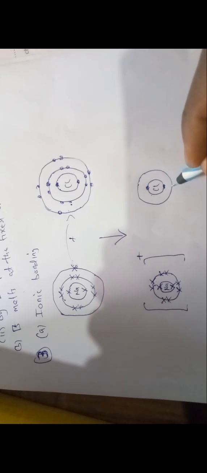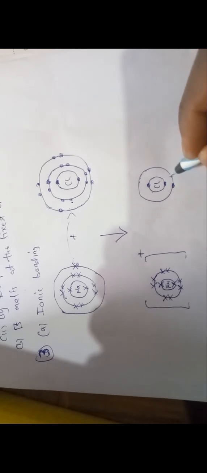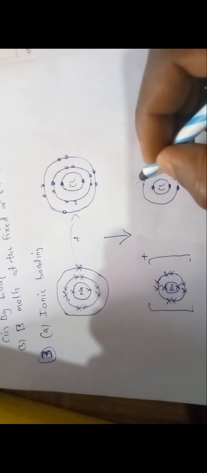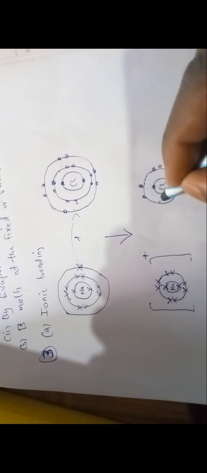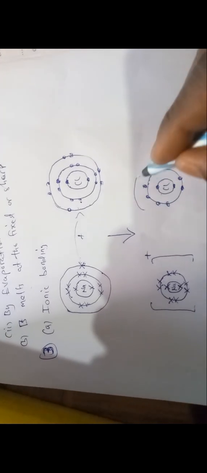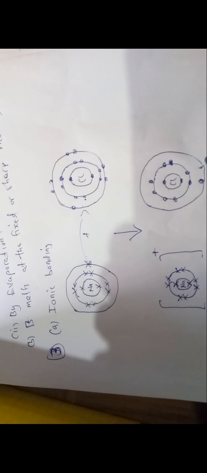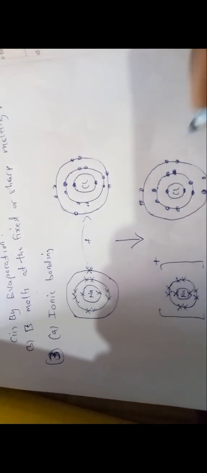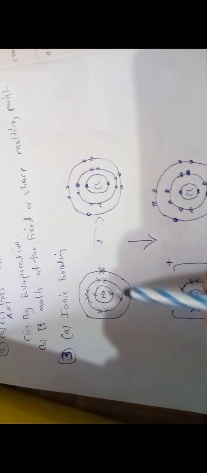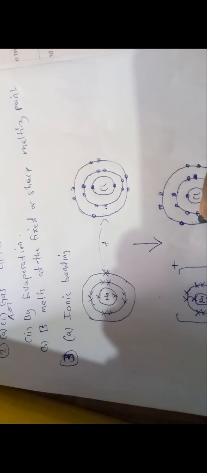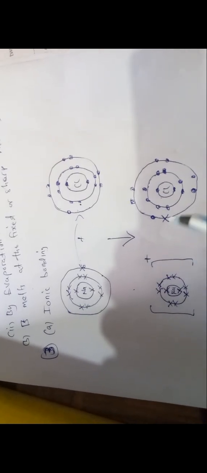The next shell, 8 electrons, so 2, 4, 6, 8, and then the last shell will have 2, 4, 6, 7, and then plus the electron which has been lost from sodium, which will be here. We even show it with the cross there to show that it has come from sodium.